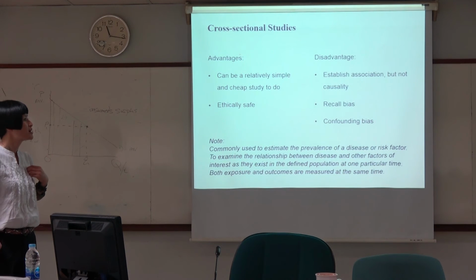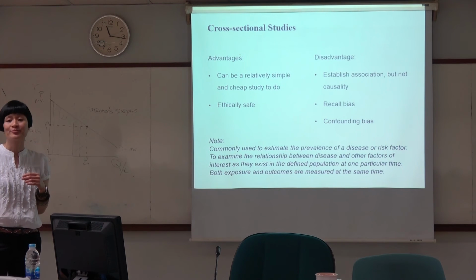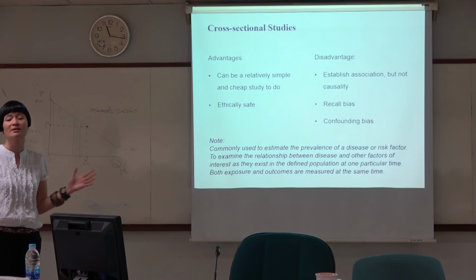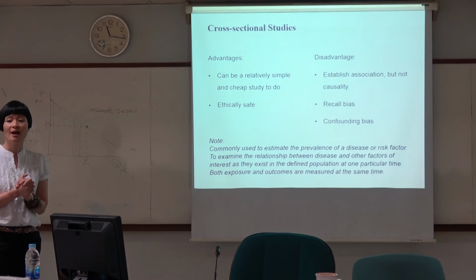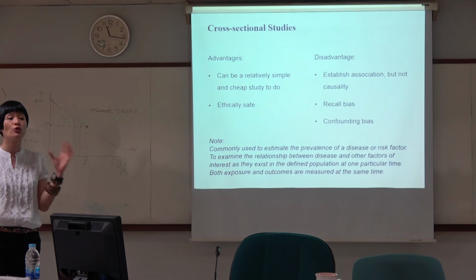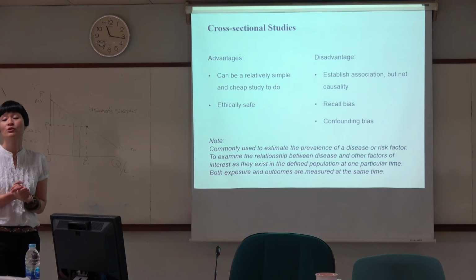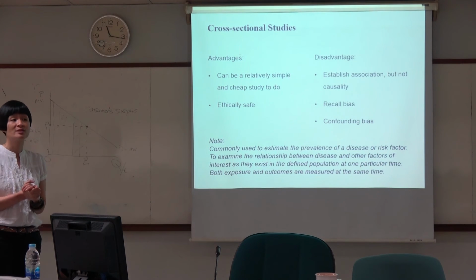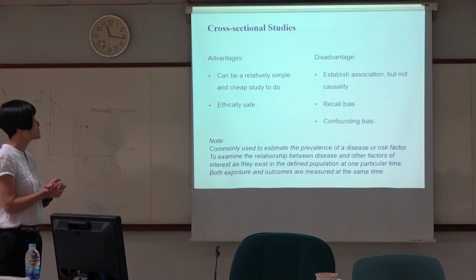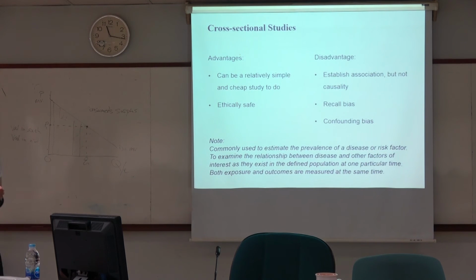What happened was that we chose one day, and we had multiple sites across different countries, and the clinical investigators at local sites went to the hospital wards and recorded data on everybody who was in hospital on that day with a deep vein thrombosis. So that's one example of a cross-sectional study.